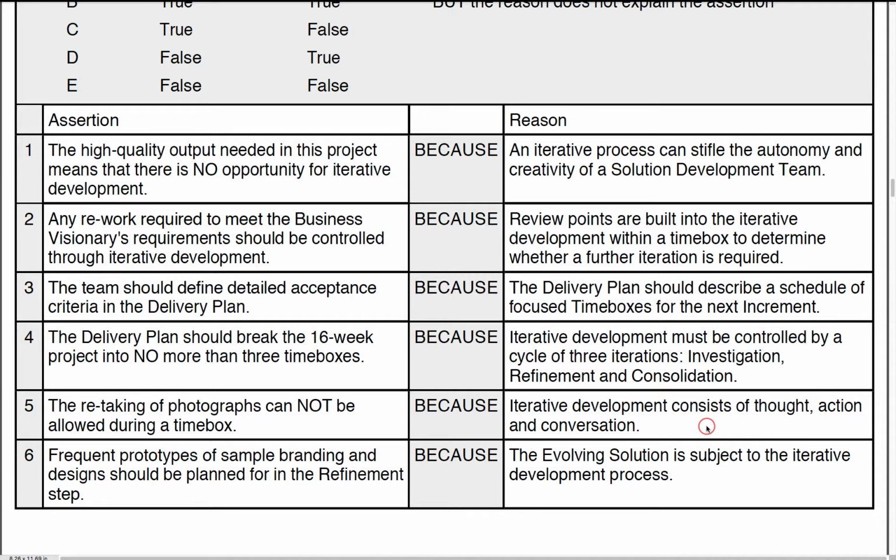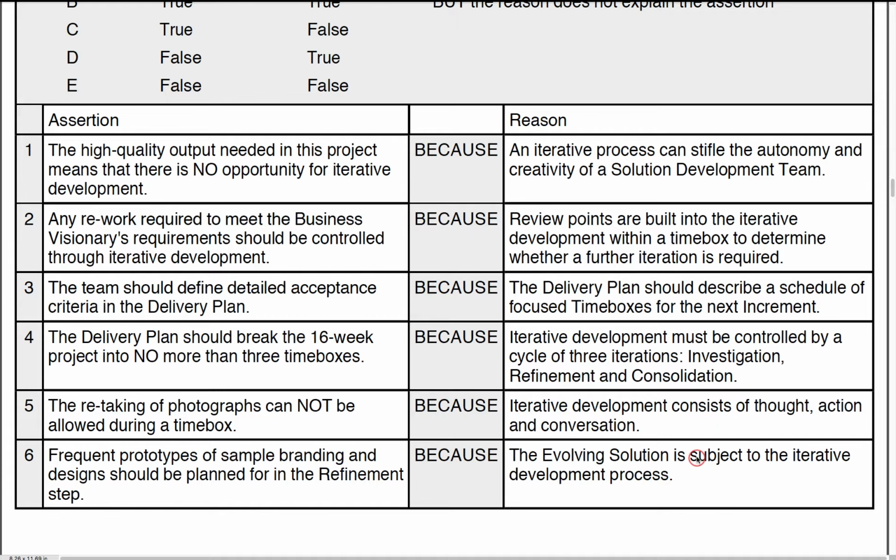Does the business like it? Any changes they feel need to be done are then planned for a subsequent iteration for that particular requirement. So we evolve the solution the right way. So that is definitely true as well.